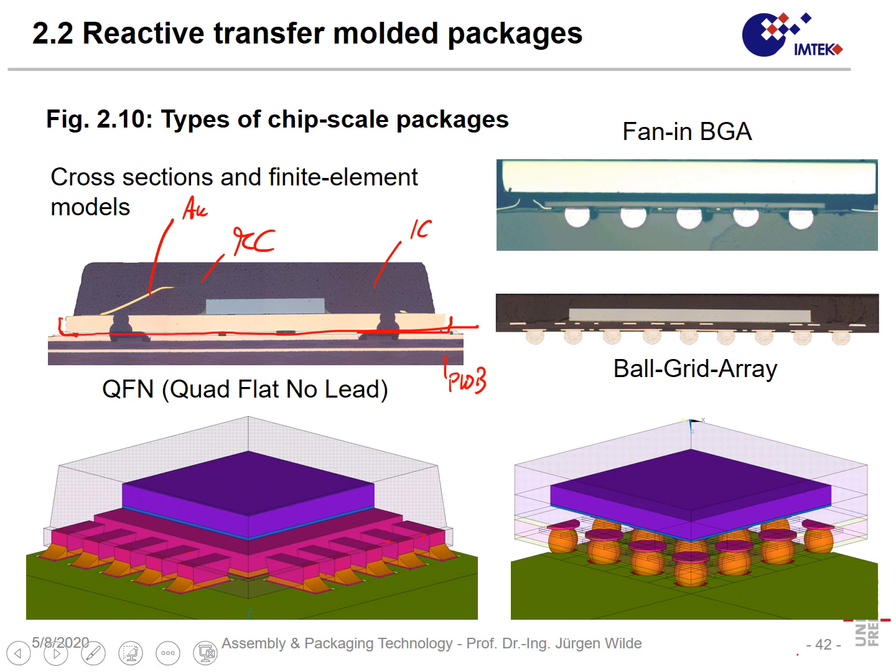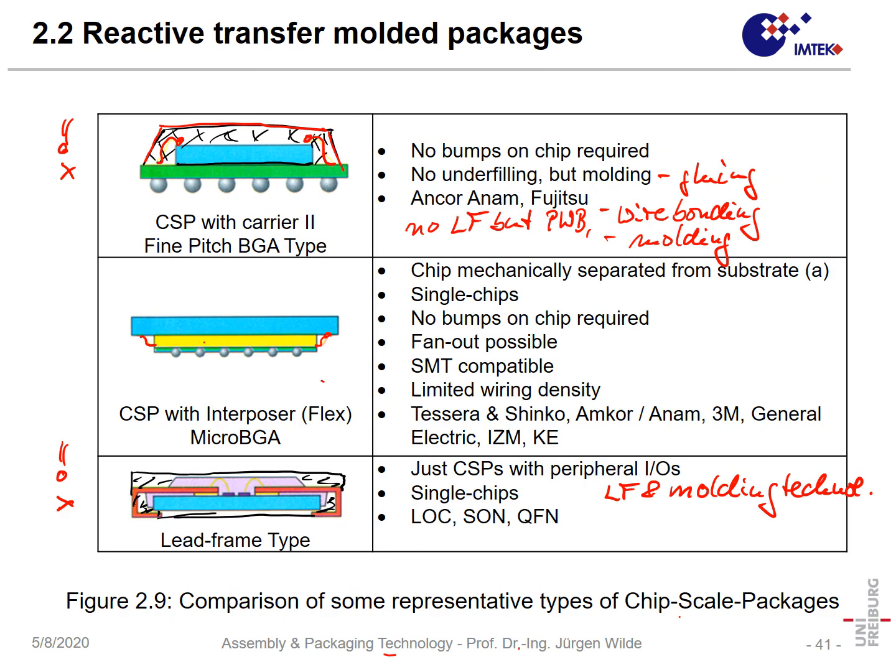Here we see this ball grid array we had on the previous page in a cross section, and that here is the so-called fan-in BGA as we have seen it. These two are finite element models in order to show the construction and to do a simulation of that device.